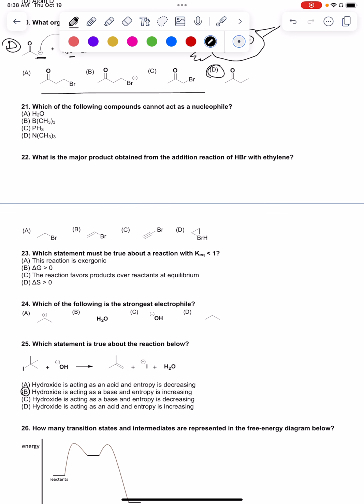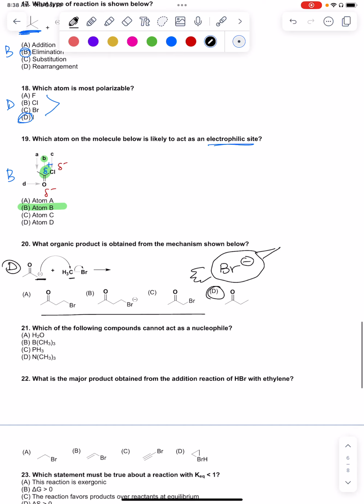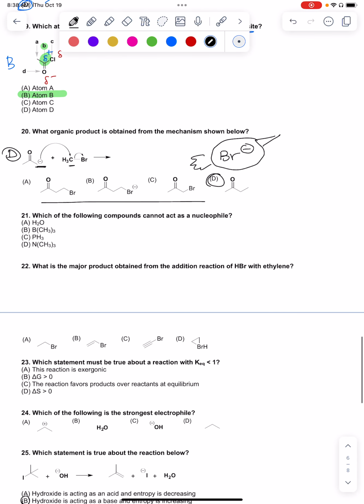Which of the following compounds cannot act as a nucleophile? Well, remember, nucleophiles want a negative charge. So this one is just recognizing that boron is just unhappy all the time.